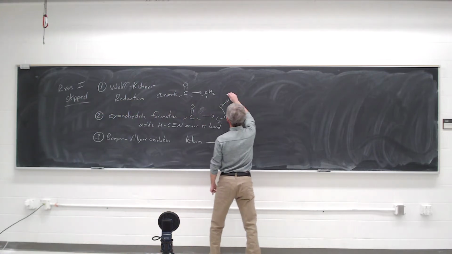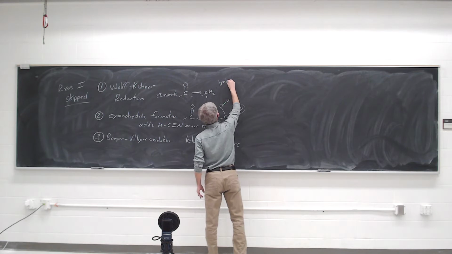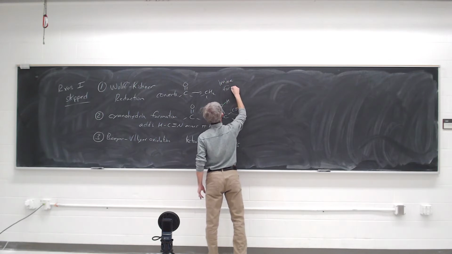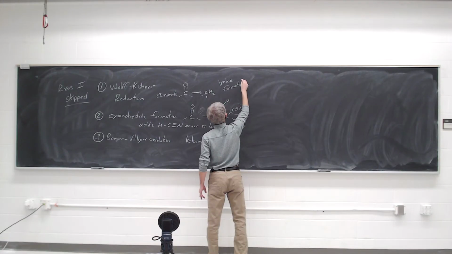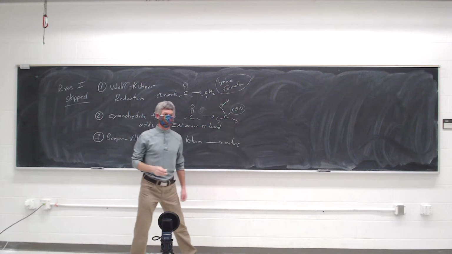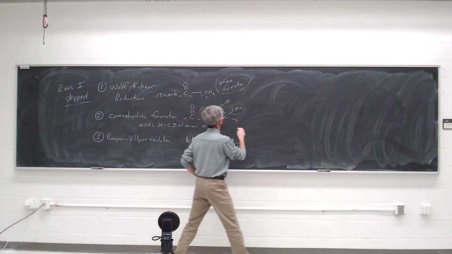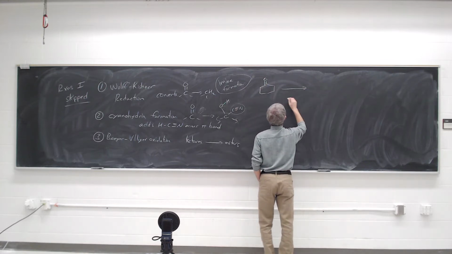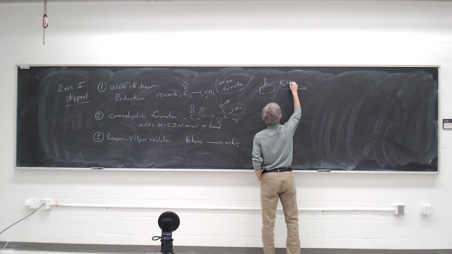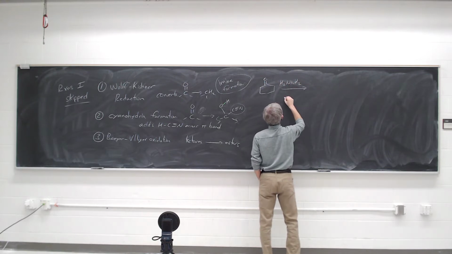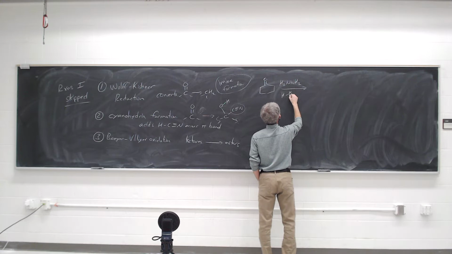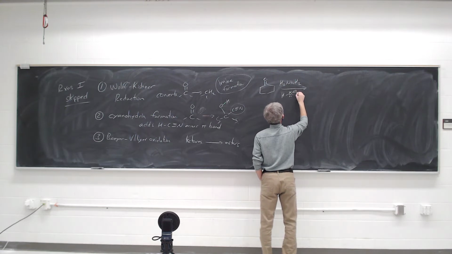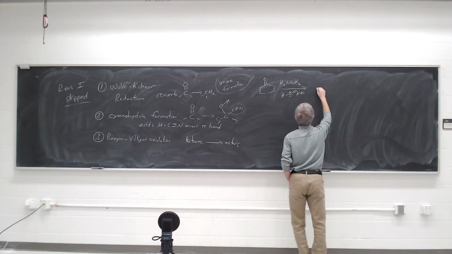The Wolff-Kishner reduction is very much related to imine formation, mechanistically, except that it's base catalyzed instead of acid catalyzed. So you can take cyclohexanone, treat it with hydrazine and base, and heat.